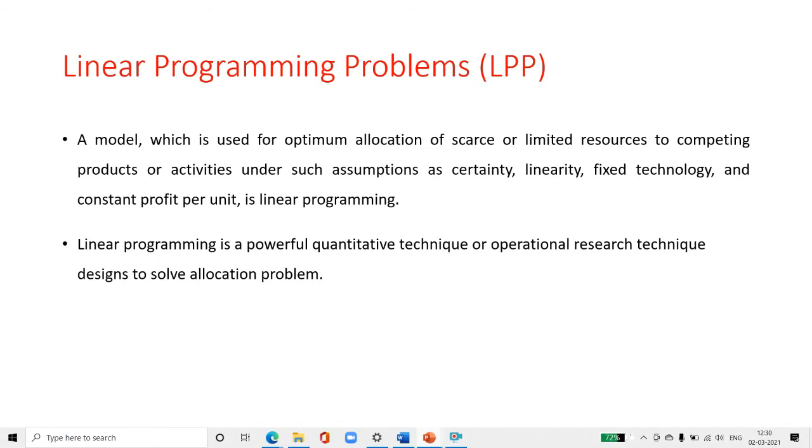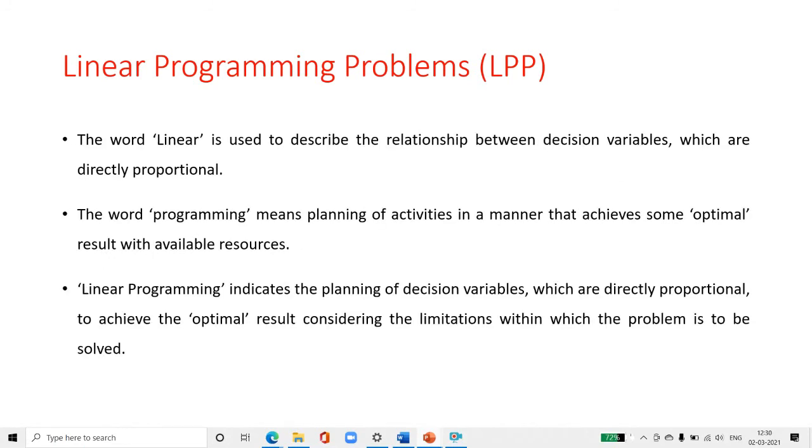Linear programming is a powerful quantitative technique, or operational research technique, designed to solve allocation problems. Linear programming indicates the planning of decision variables which are directly proportional, to achieve the optimal result within the conditions in which the problem is to be solved.